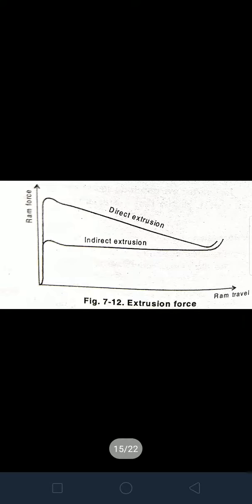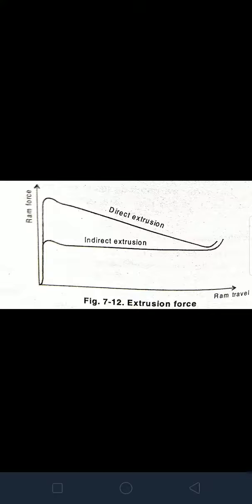It can be seen that the force required in this case is much lower, almost half as compared to direct extrusion. This is because there is no relative motion between the billet and the container wall. Hence the frictional resistance and ram force are smaller.